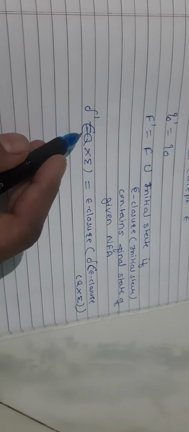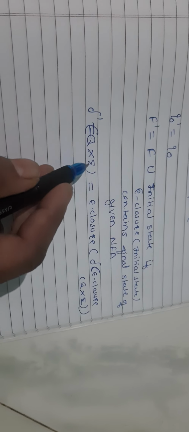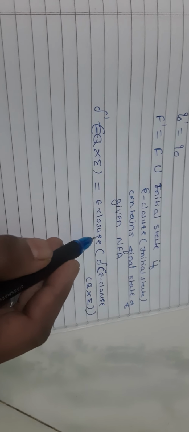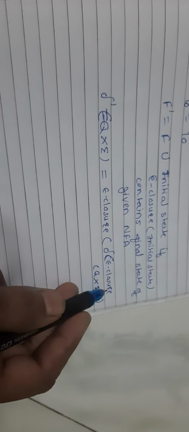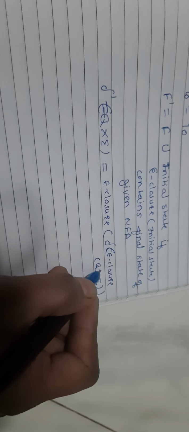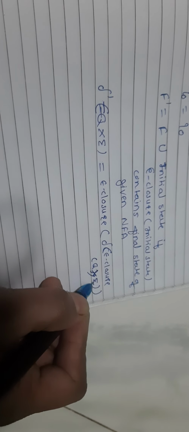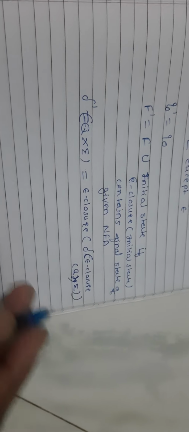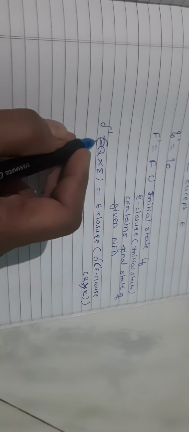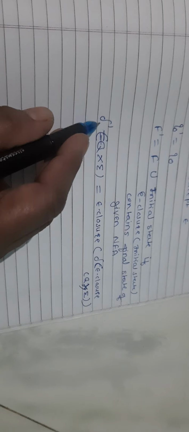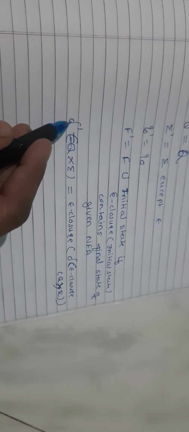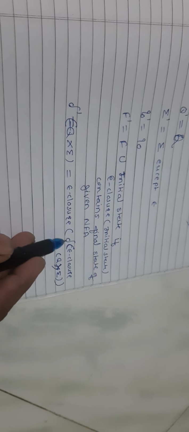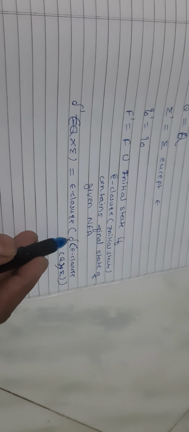Delta dash of Q comma sigma is equal to epsilon closure of delta of epsilon closure of Q comma input symbol. This is the mapping function; we can obtain the delta dash, that is the mapping function of the output NFA, from the mapping function of the input NFA.